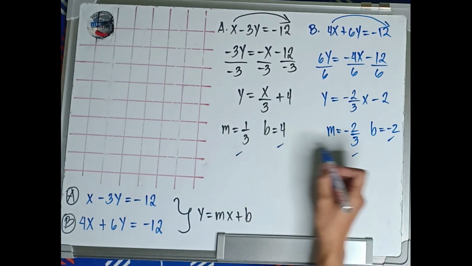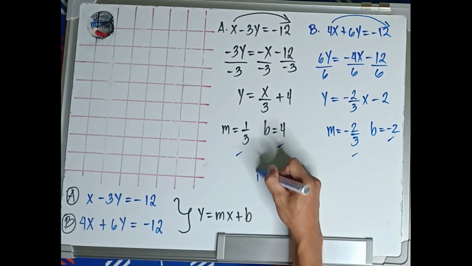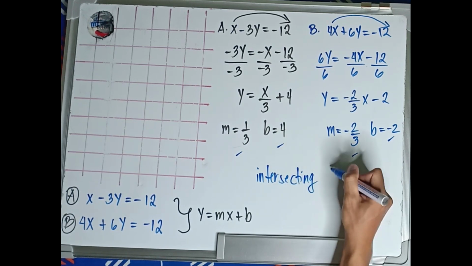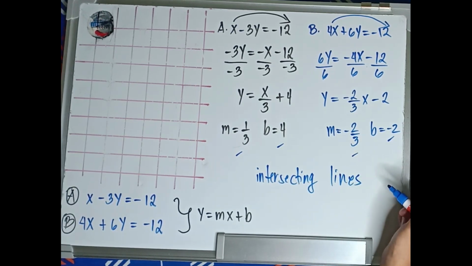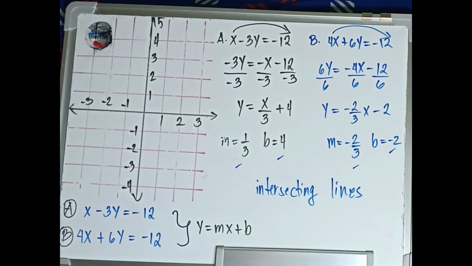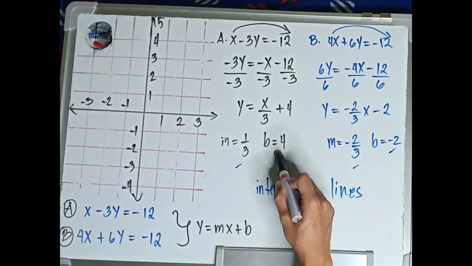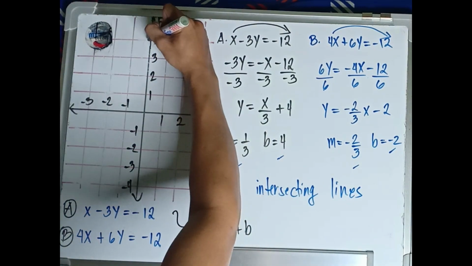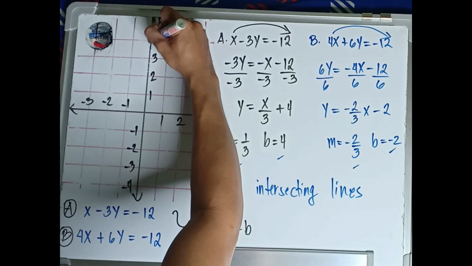If they have different slopes, they will be intersecting lines. So let us graph equation A and equation B. Now let us graph equation A. We have to start with its y-intercept, which is positive 4. So positive 4 is here.